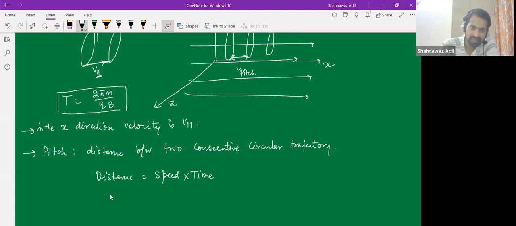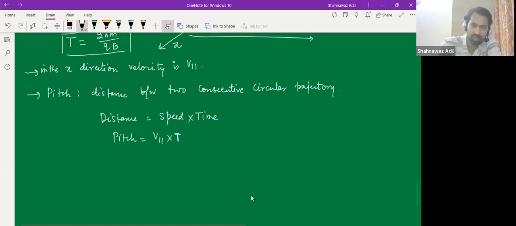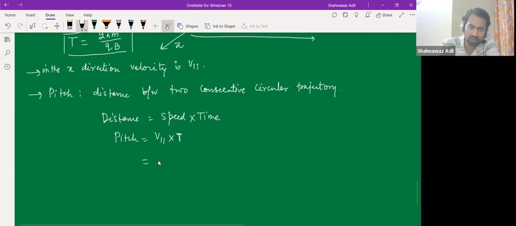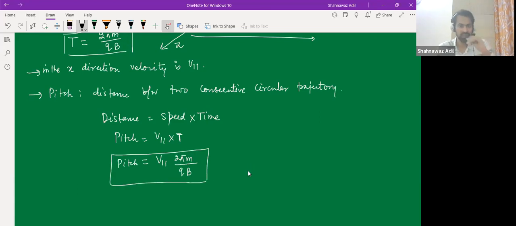So distance is pitch, speed is v parallel, and time is one rotation, right? So then we can calculate pitch, which would be equal to v parallel, and this is 2 pi m by q, right? This would be pitch. So let us do one problem, and you guys will understand that.